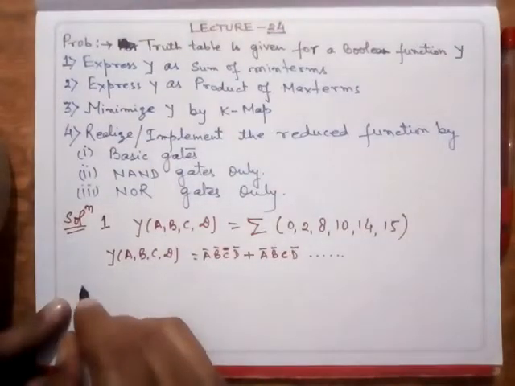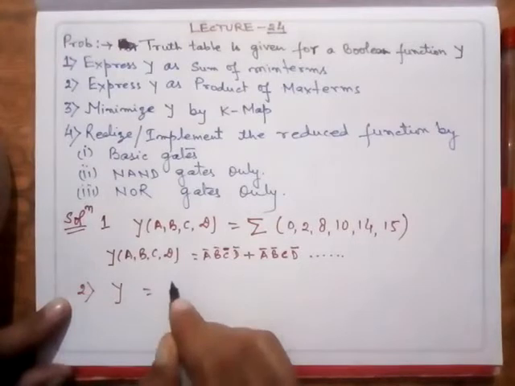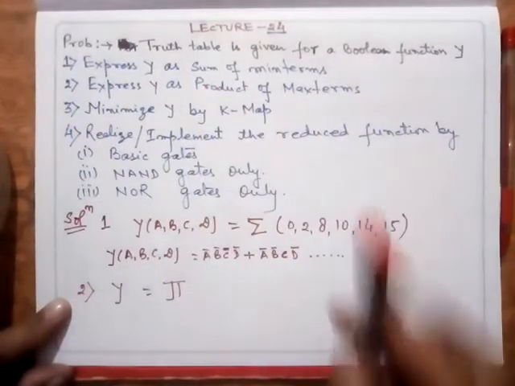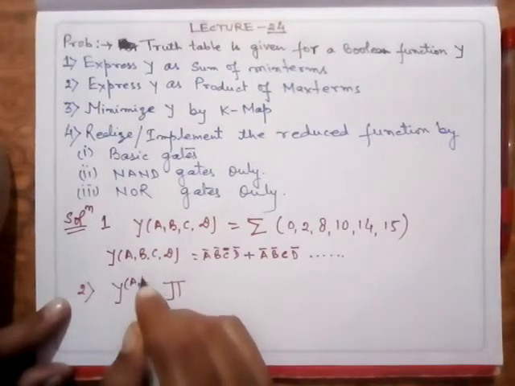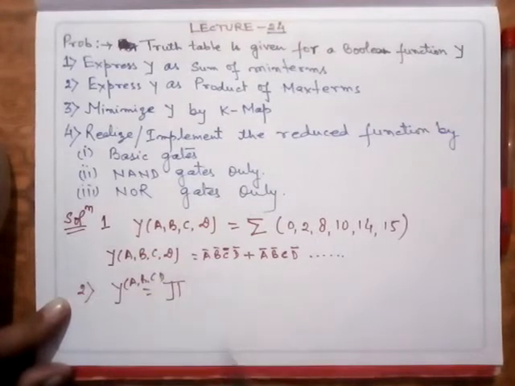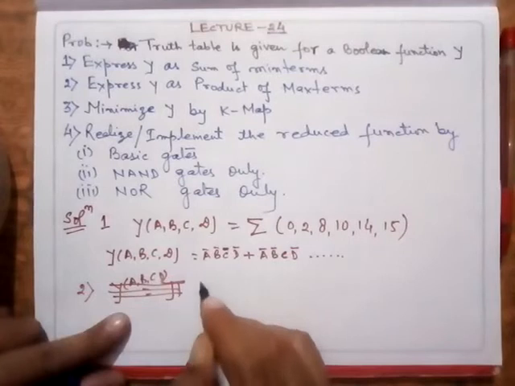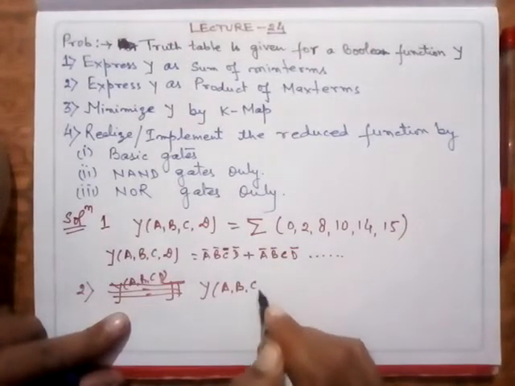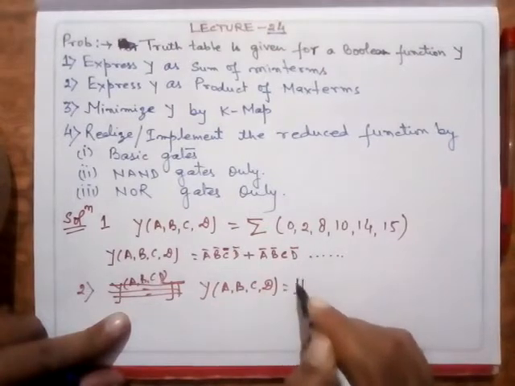So second part, I can say that y is equal to product of, express y as a product of maxterms, which is a function of a b c d. Please write here, y which is a function of a, b, c, d is equal to product of which maxterms?